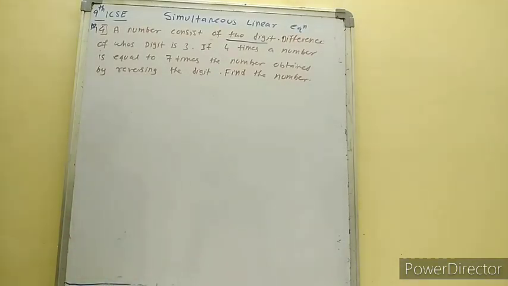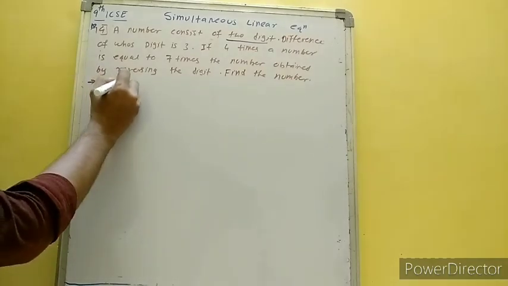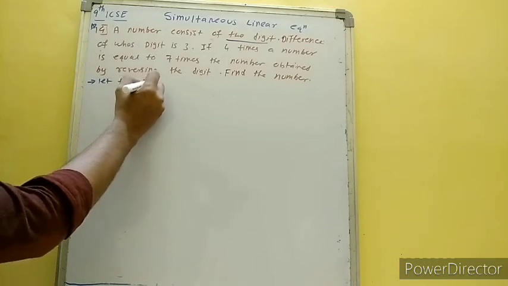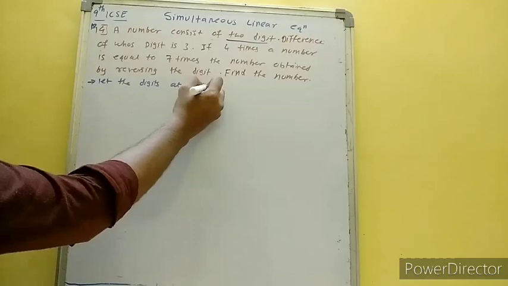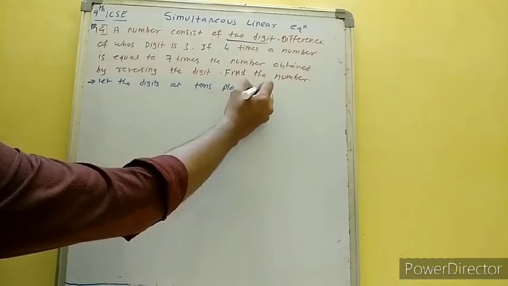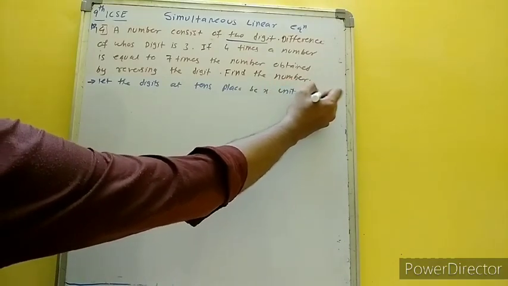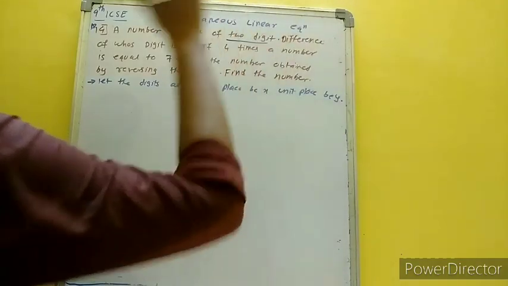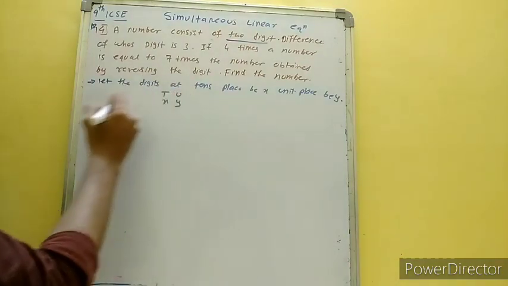So let's start. A number consists of 2 digits. We don't know the digits, so we'll let the digit at tens place be x and the unit place be y. So we have tens place and unit place, that is x and y.